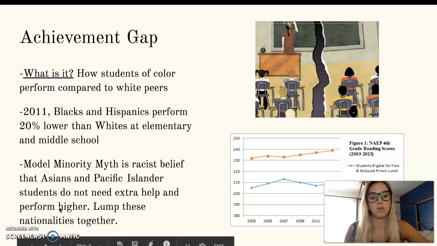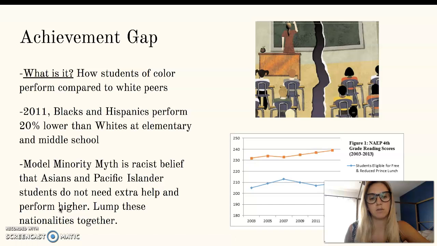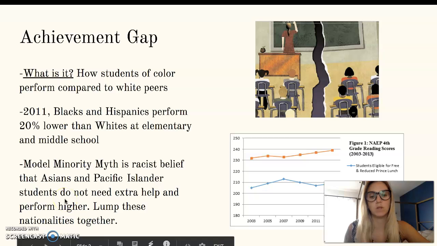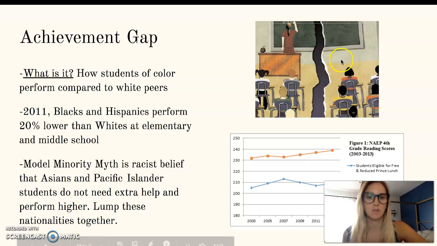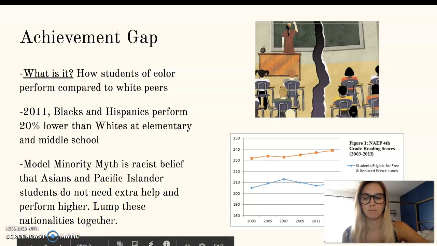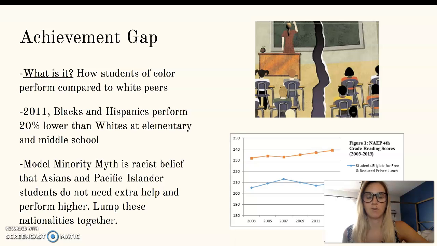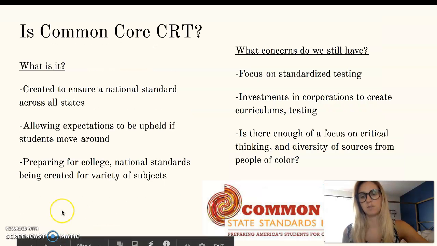Students who are receiving free lunch are within that greater achievement gap, as you can see on the chart. And that other graphic up at the top was really interesting, having the teacher on the left-hand side with the white students, and then on the right side having the Black students. Very good graphic for that concept.